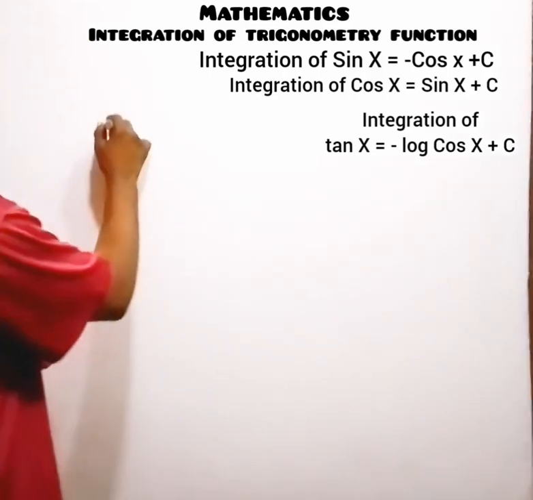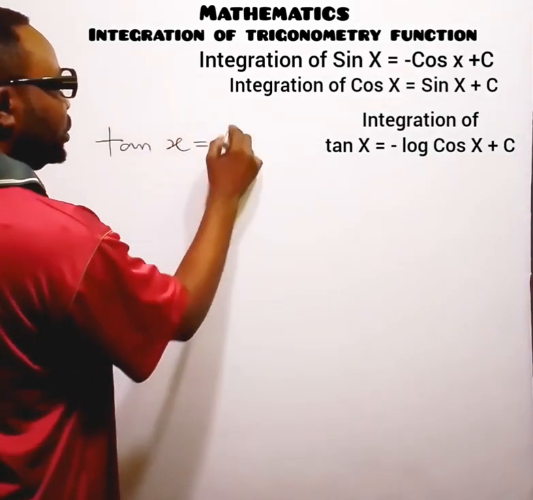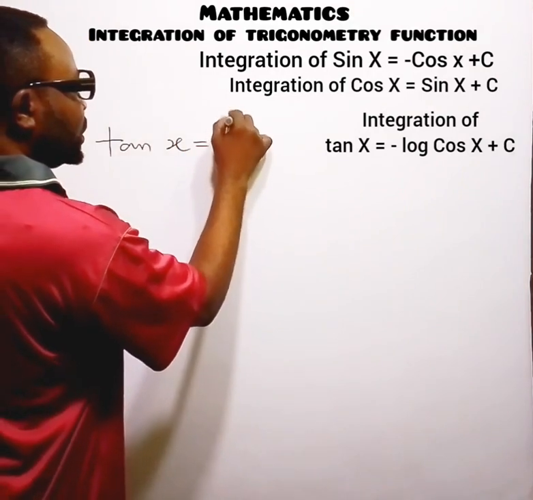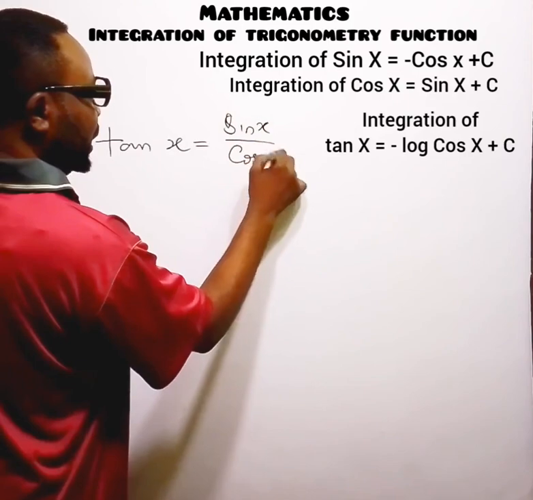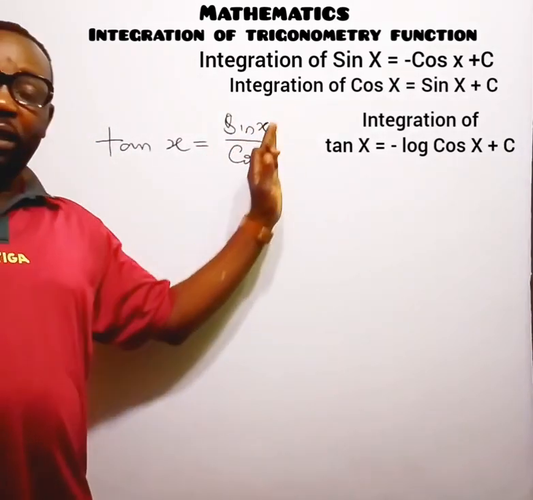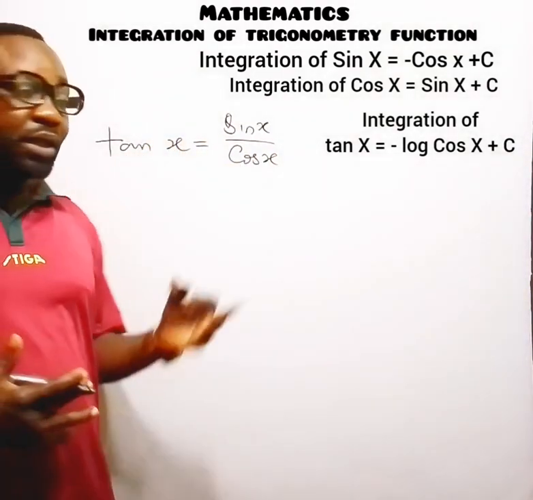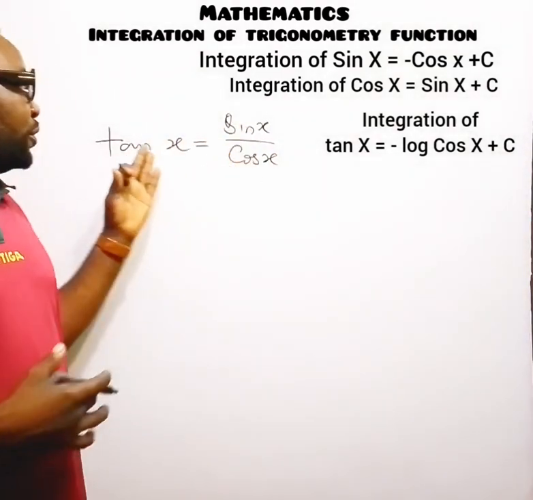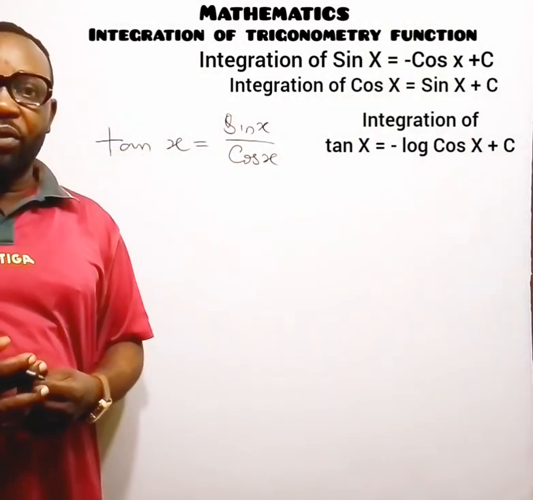Now, I take tan x to be equal to sine x over cos x. This is the value that translates to tan x. In our trigonometry, this is what we normally get for the value of tan x. It's workable. We can work it out.